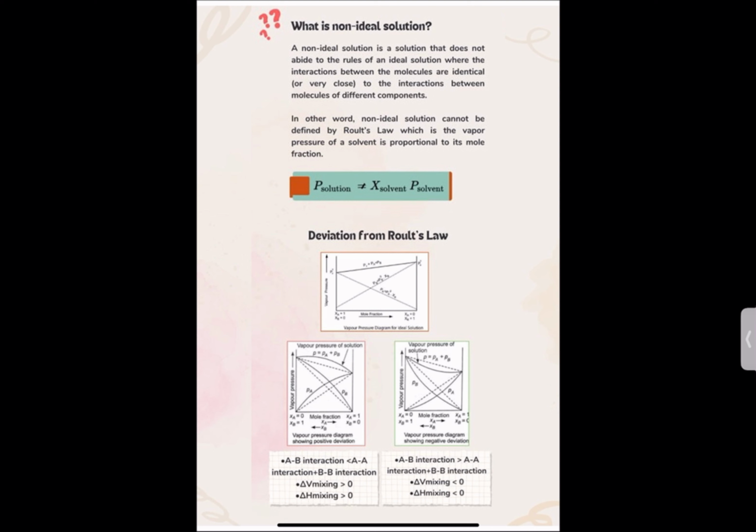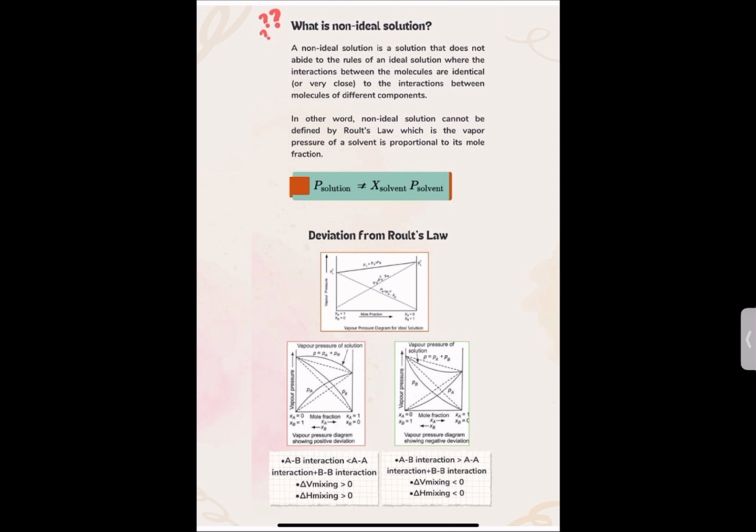From this, we can conclude that in the solution phase, the interaction between A molecule and B molecule is weaker, and hence the particles of A and B will move away from each other, and both molecules A and B can escape more easily into the vapor phase. Besides that, the volume of mixing is greater than 0. In positive deviation, it also shows that delta H mixing is greater than 0.